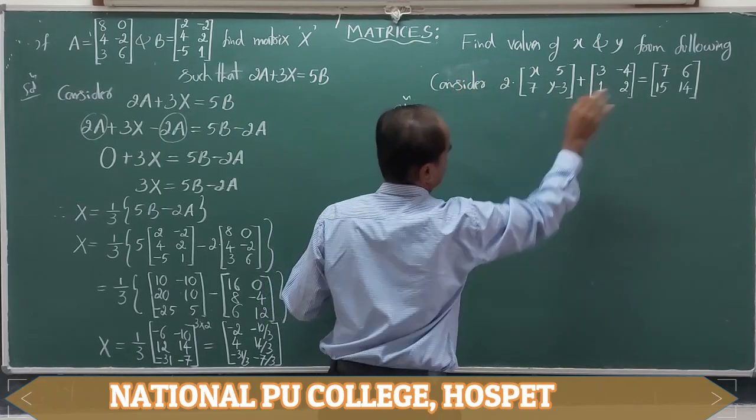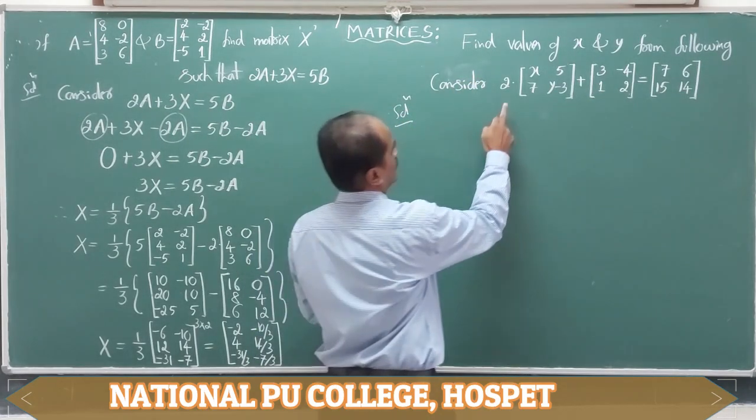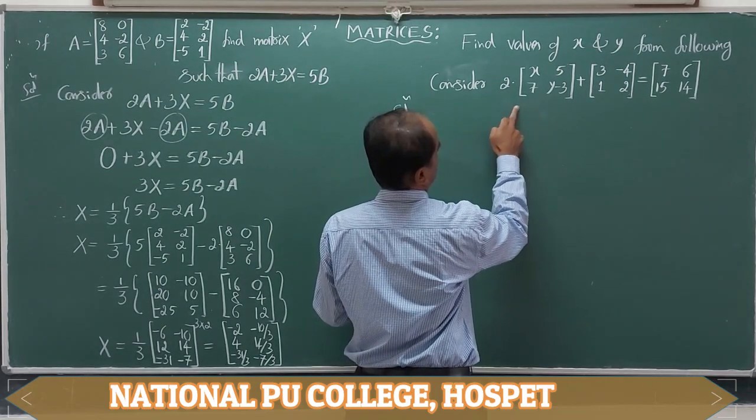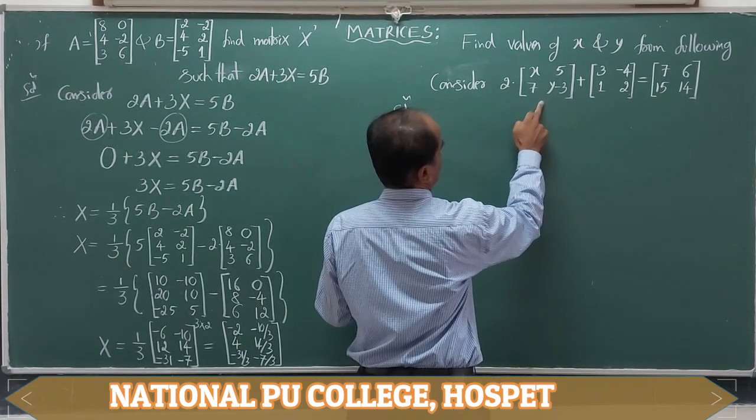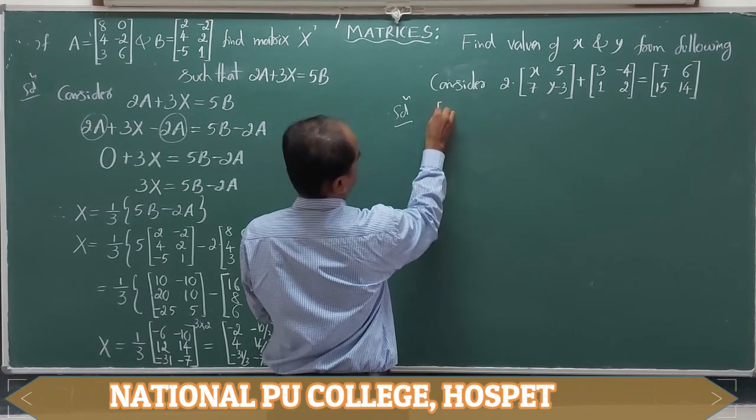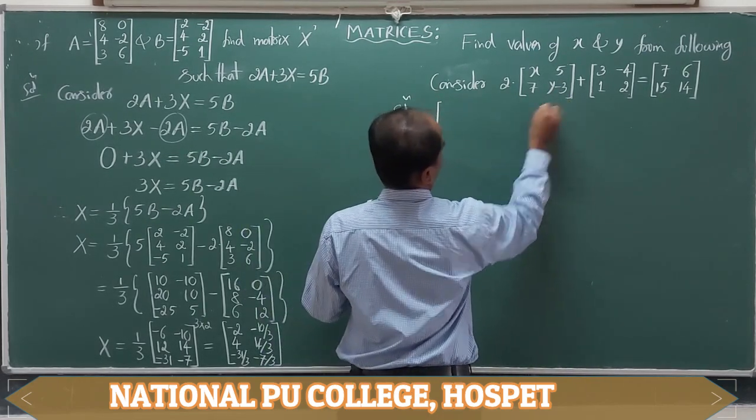Start with writing, consider that matrix equation. Look here, 2 times of this matrix is there. Let me simplify. Multiply all the elements of this matrix by 2. You are going to get another 2 by 2 matrix.